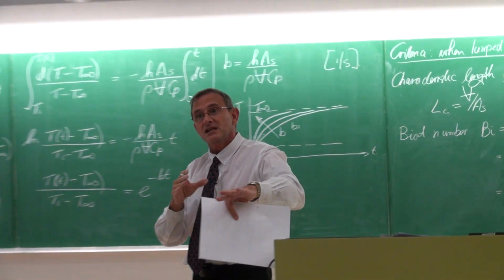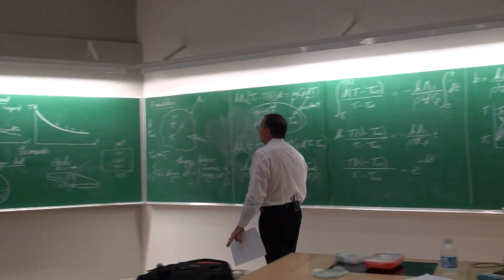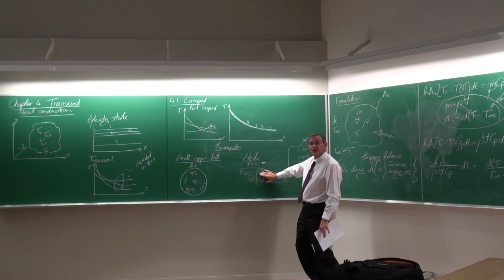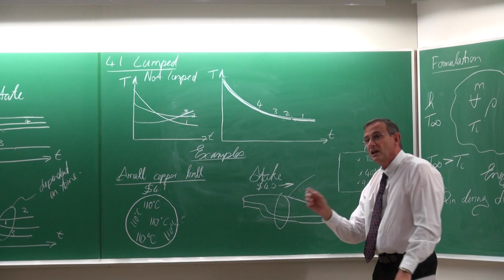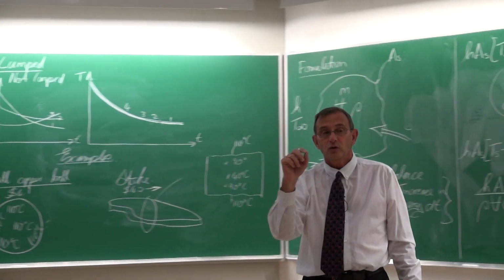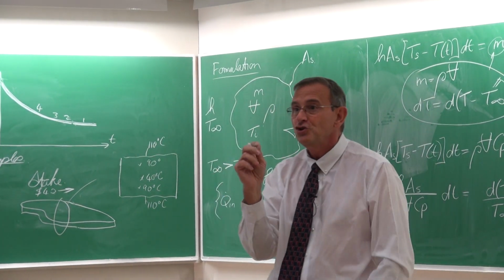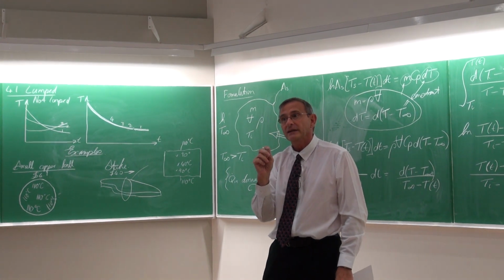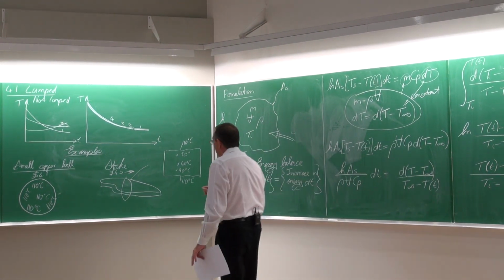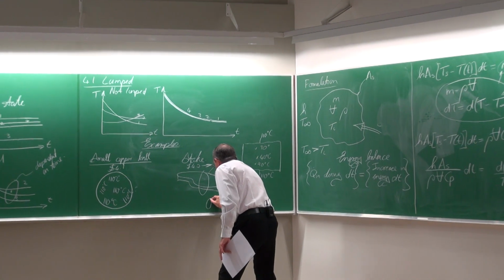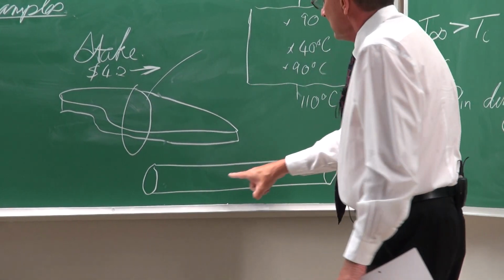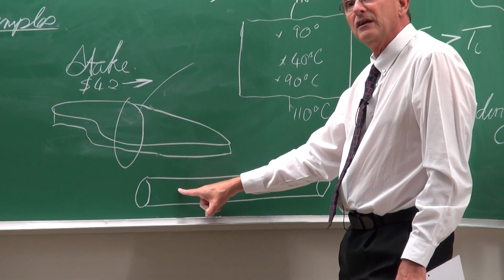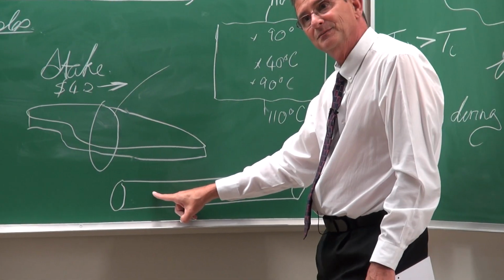In the other techniques that we are going to use to solve other types of bodies, the characteristic length will be available in a table, or it would be part of the solution in terms of how you've calculated it. So for example, for a long cylinder, the characteristic length that you must use is the radius.